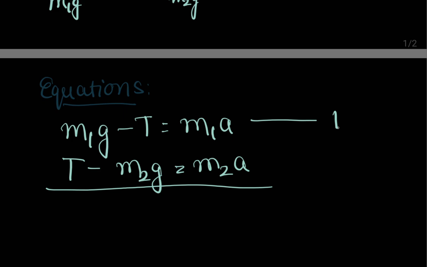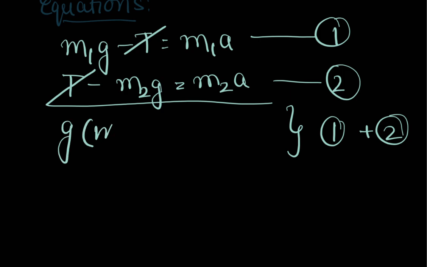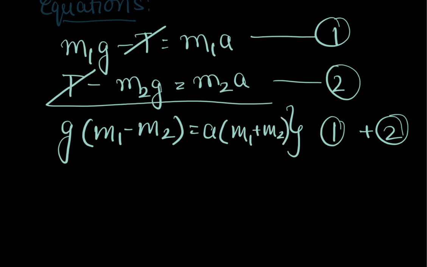If this is equation 1 and this is equation 2, on adding them, minus T and plus T cancel. What is left is m1g minus m2g, so g(m1 minus m2) is equal to a(m1 plus m2), simple mathematics.